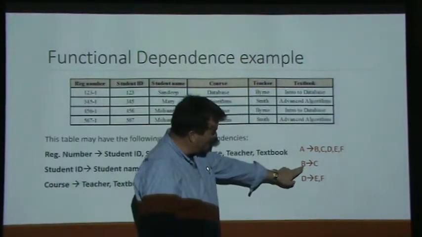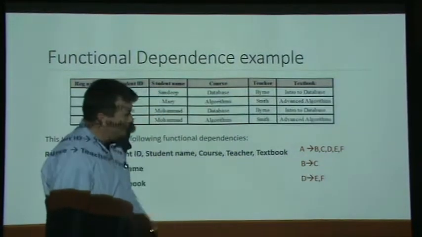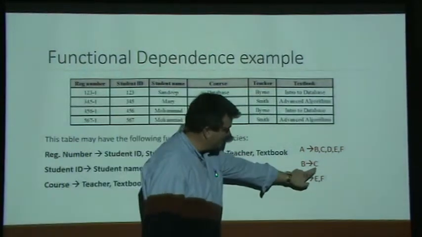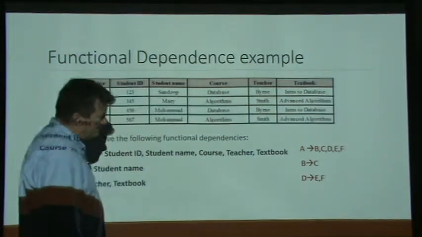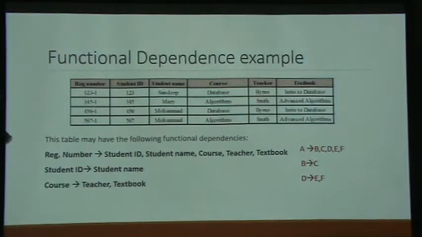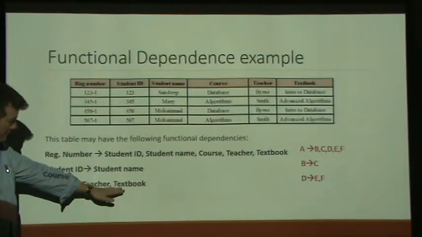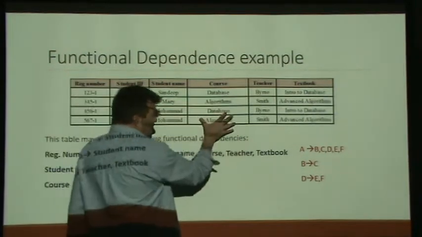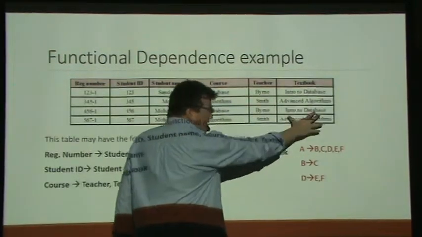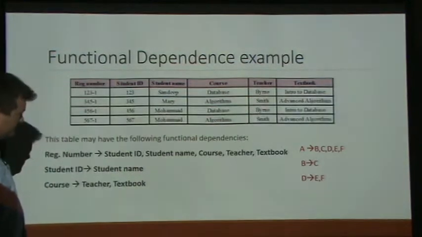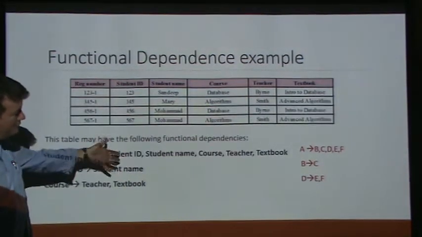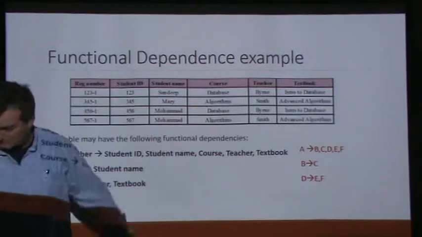Another way of saying that is column B tells us column C. Or another way of saying that is column C is functionally dependent on column B. Okay, and then if I knew the course, I would know the teacher and the textbook. So we're saying column D will tell us column E and column F. Okay, so these are the functional dependencies of this table.